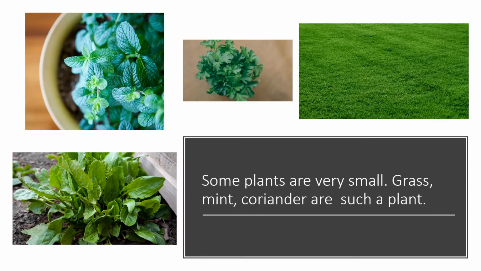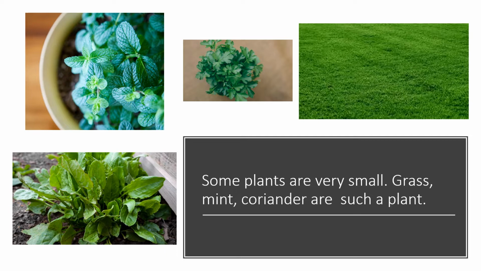Now children, I spoke about big plants, small plants, now very small plants. And children, these will be very familiar to us. We know most of them. The grass you see around your house on the lawn, the mint, which is called pudina. Do you know? Mother will prepare wonderful juices out of pudina, and it is a very good drink for health.